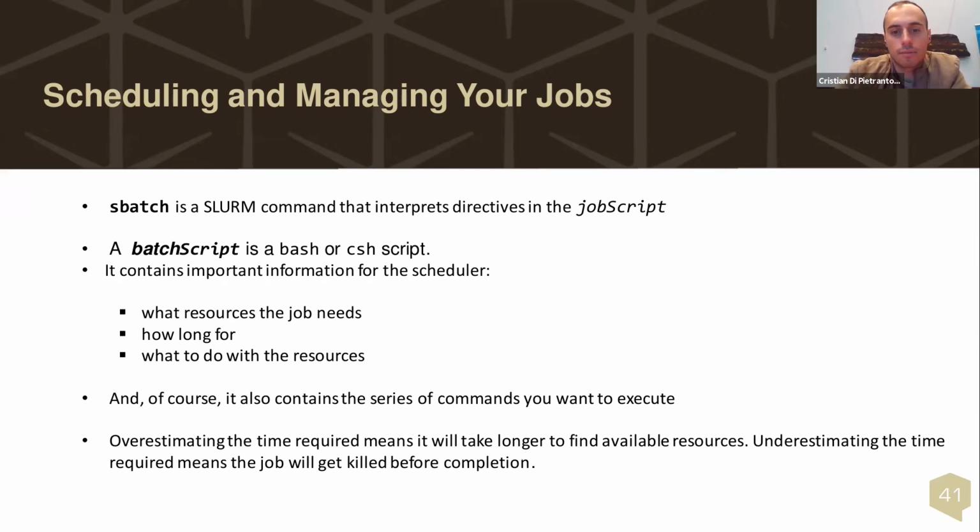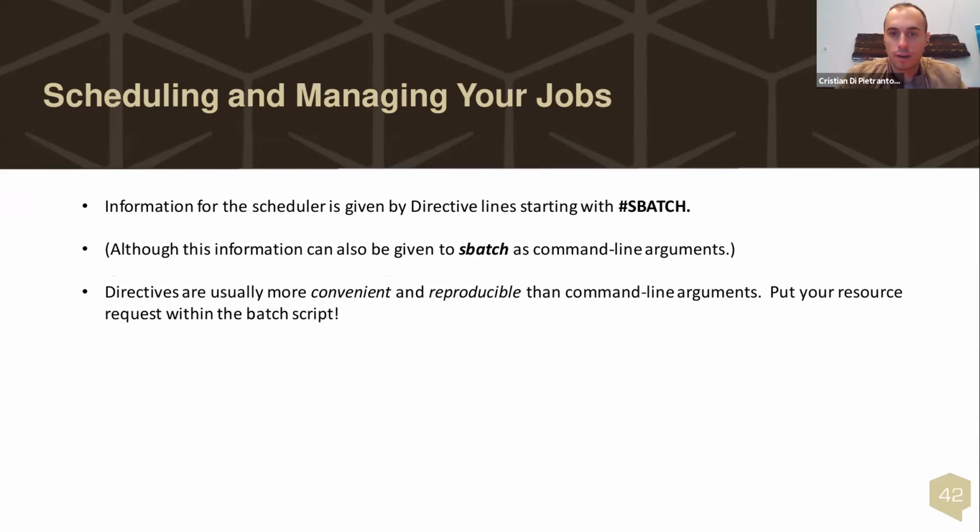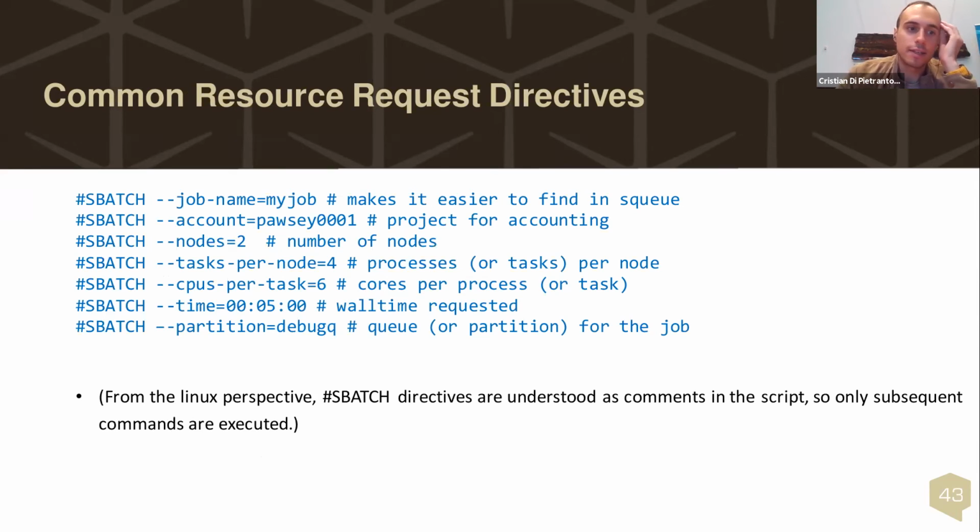And essentially, it's made up of two parts. The first part are bash comments. They specify, let's see if I have an example. Yes, here we specify the resources. So these are bash comments, so bash won't interpret them, but Slurm will.